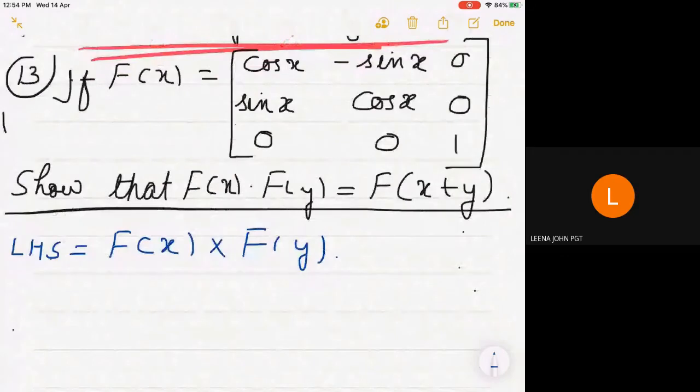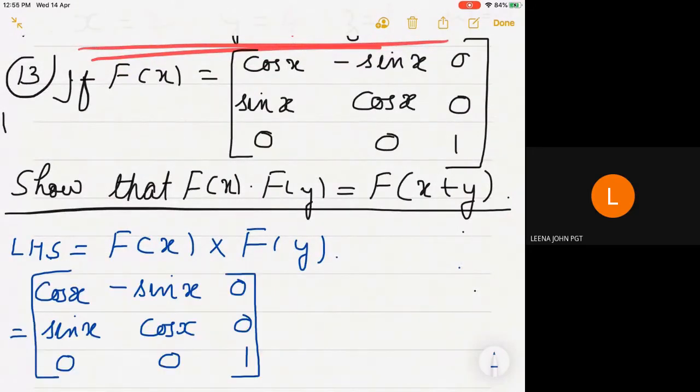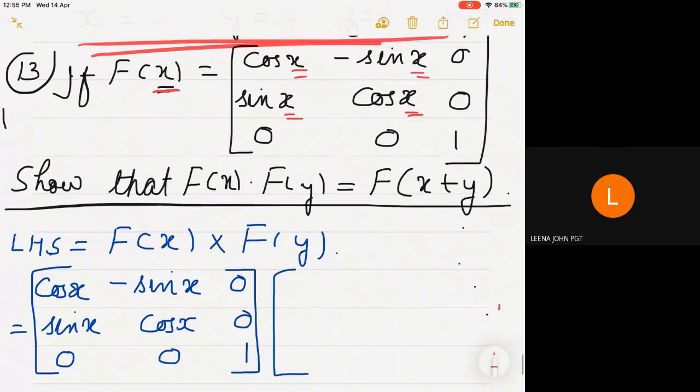So wherever x is coming, that x to be replaced by y, you will get f of y. So f of y is another matrix in which x is replaced by y.